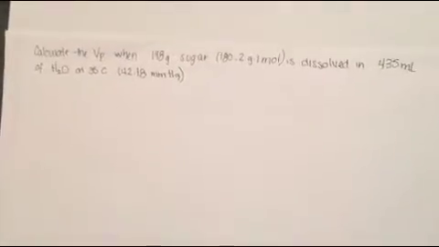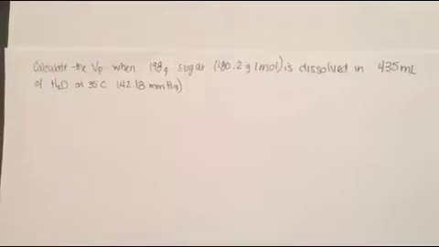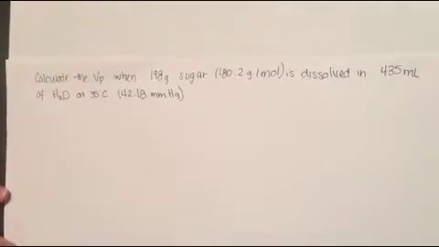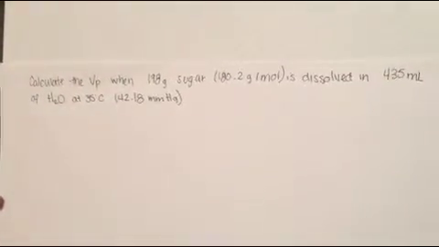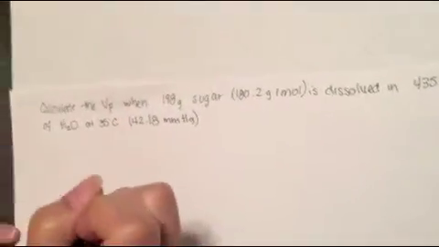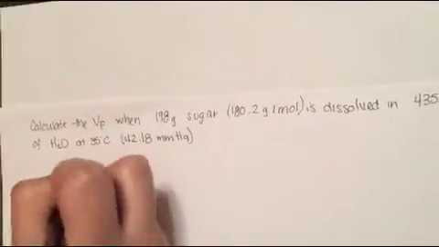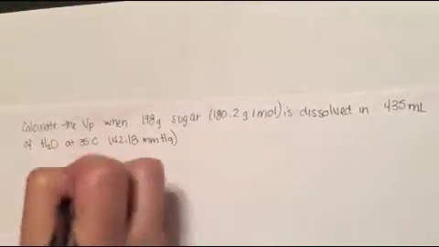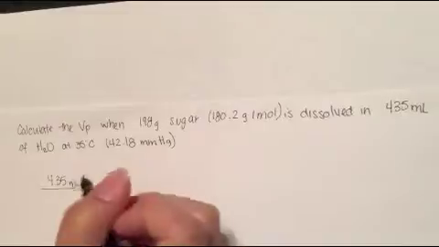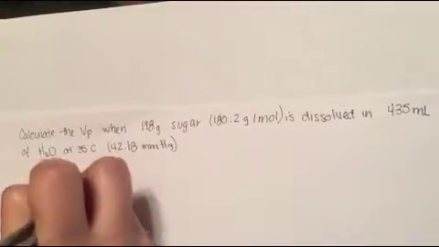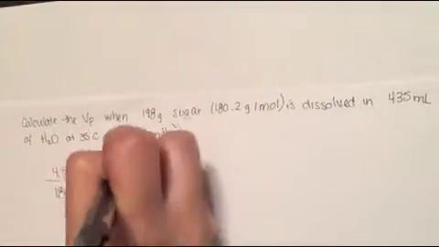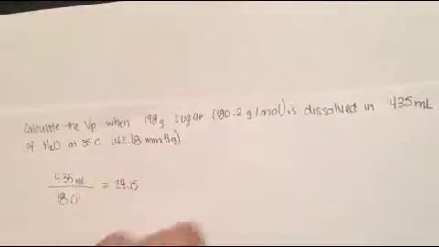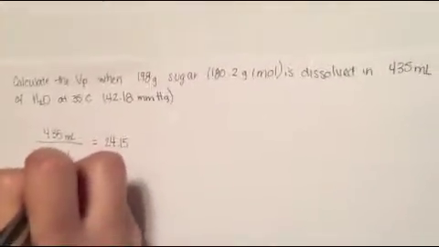Calculate the VP when 198 grams of sugar is dissolved in 435 milliliters of water at 35 degrees Celsius. So the first step that you have to do is get your 435 milliliters of water, and you divide that by your molar weight, which is 24.15, and you do the same thing for sugar.